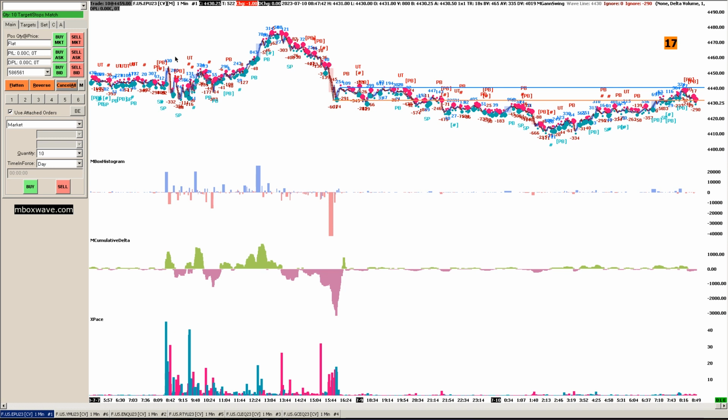If price comes up, this seems to be an important level, because there's a peak here, it came back to retest, broke through it, and then we broke back down.